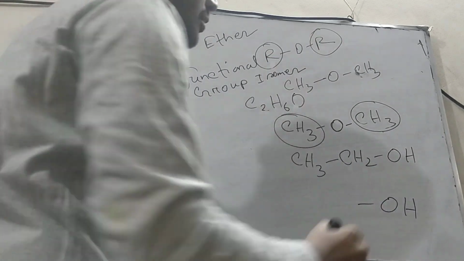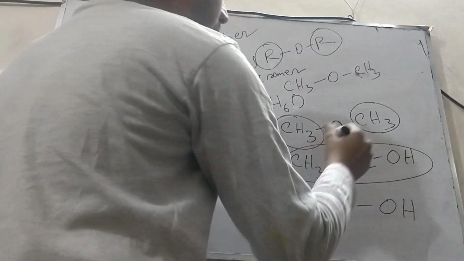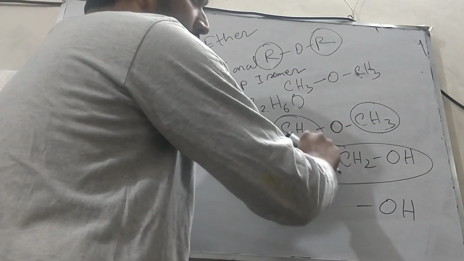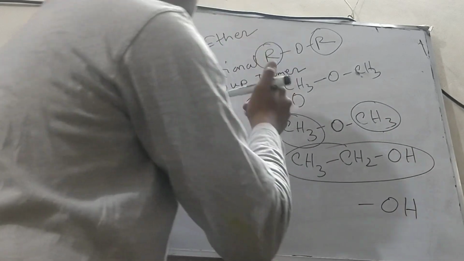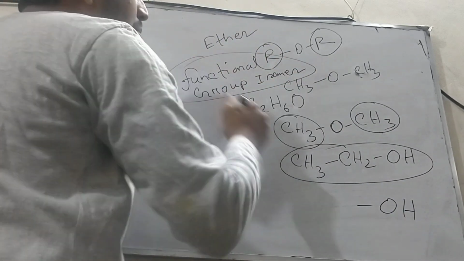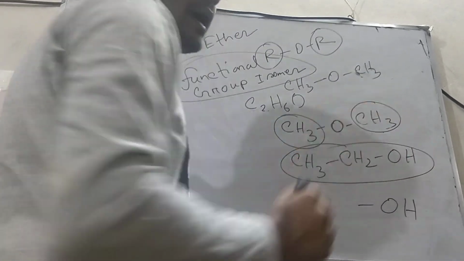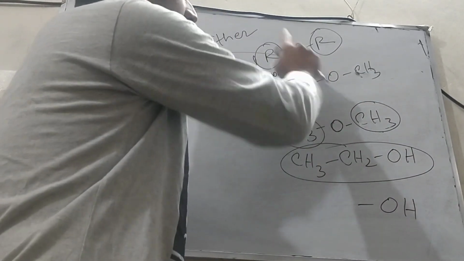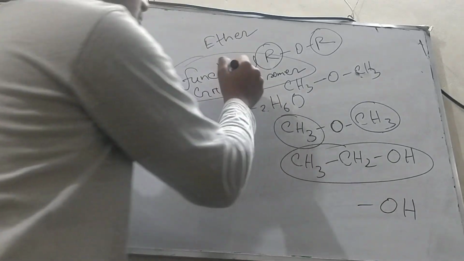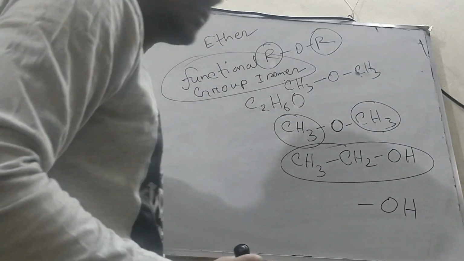So ethanol and dimethyl ether are called functional group isomers because of the difference between functional groups. One is alcohol and the other one is ether, and that is called functional group isomer.